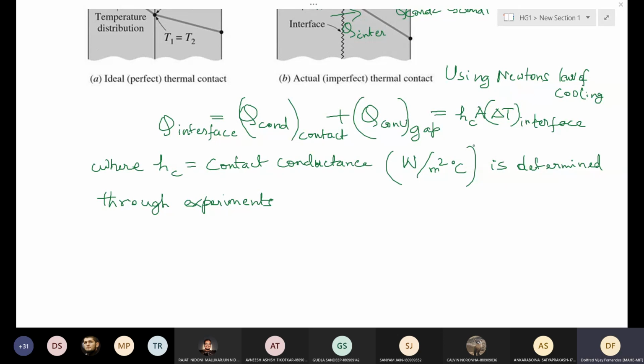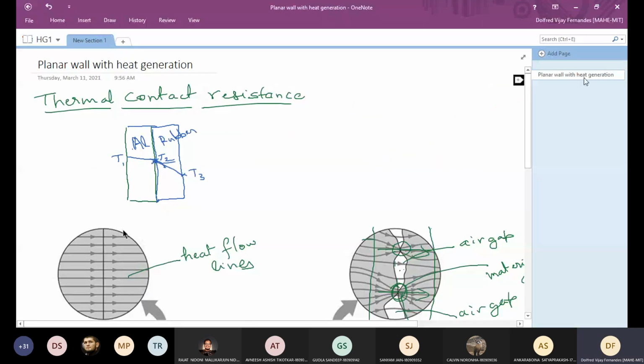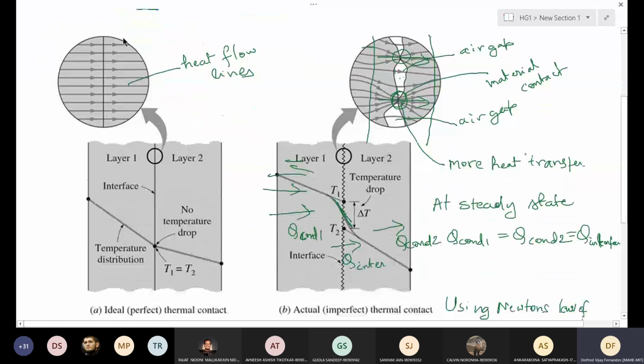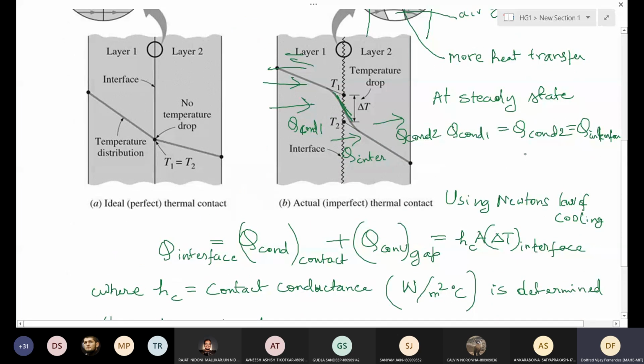Then we'll solve a problem. Basically, what is the problem?